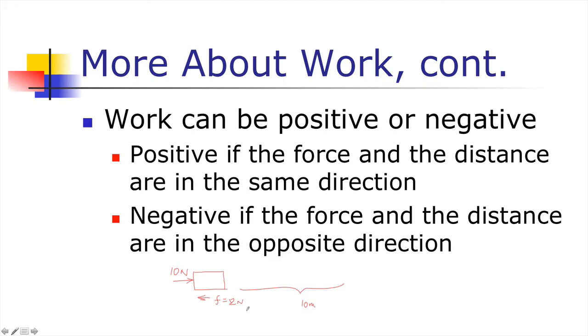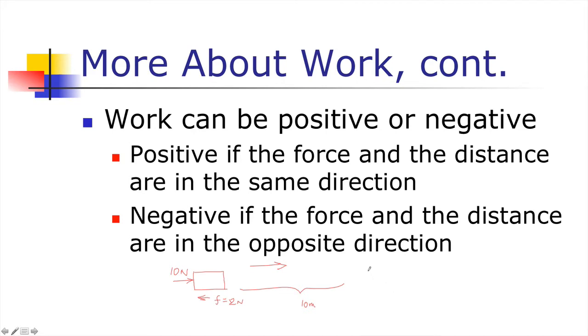So you may wonder, the table is moving to the right, whereas the frictional force is always acting in the opposite direction. You may wonder what you are going to do with that frictional force. Of course, it's going to be a minus.